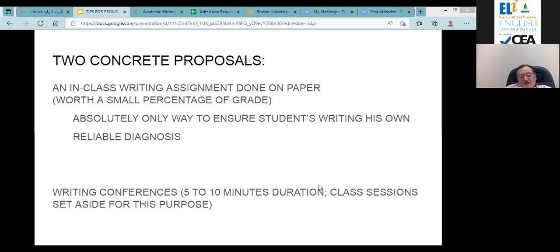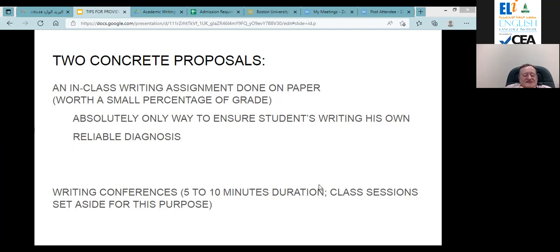If I have 20 students, it is conceivable. If I have 40 students, no. And that there be a writing assignment other than the final writing assignment in class that the students do on paper.